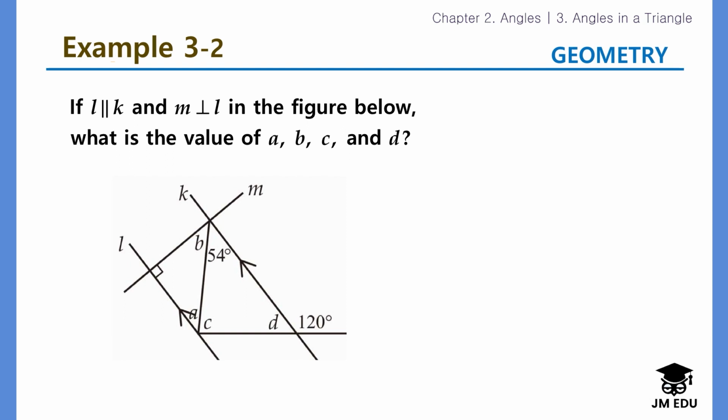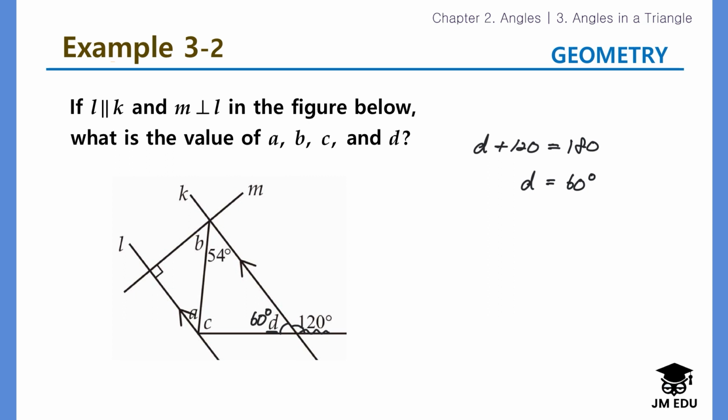Okay, here we have 120 here. We have angle D, right? The sum of these two angles, the supplementary angles, right? So they have to be 180. So D plus 120 is 180. So D is equal to 60, right? 60 degrees.